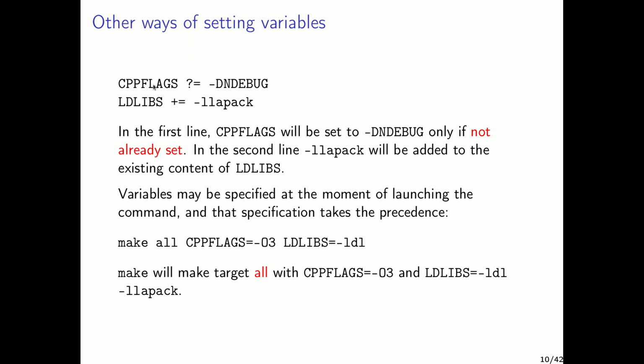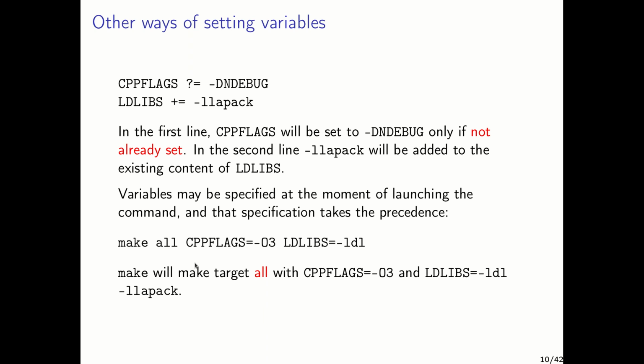Okay? So it will define CPPFLAGS as -d and debug only if CPPFLAGS has not been set before. Or you can use plus equal, that works like plus equal in C++. That means you add something to, in this case, LDLIBS.